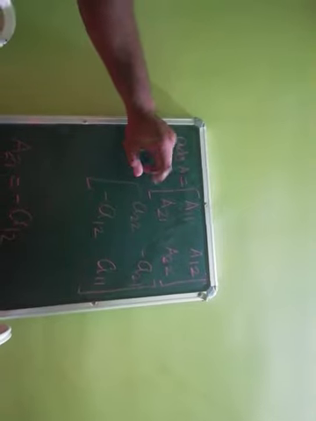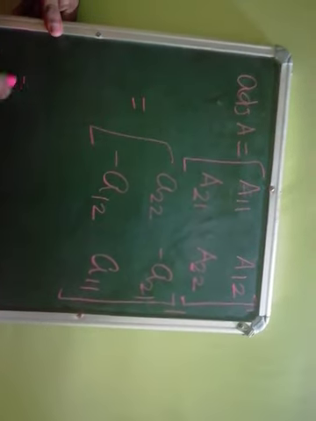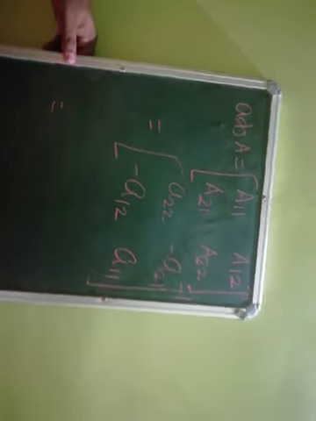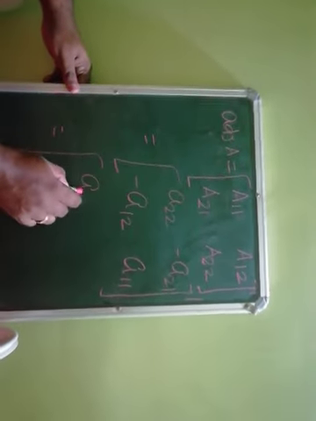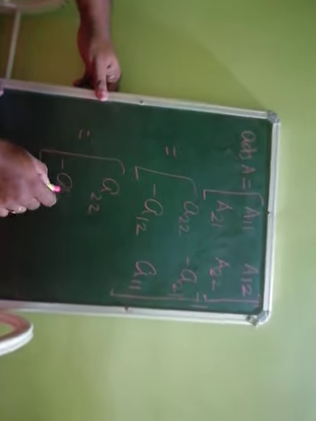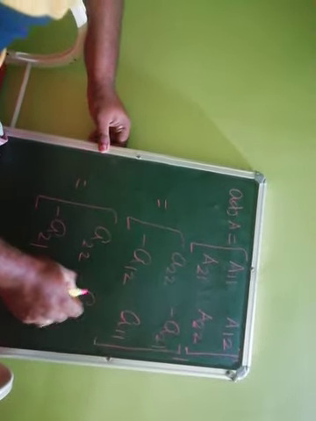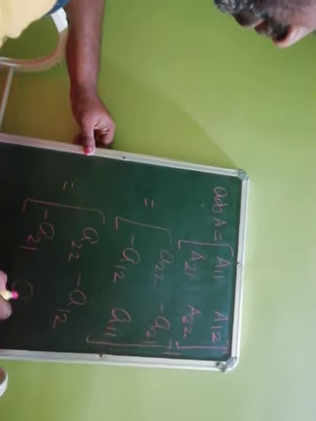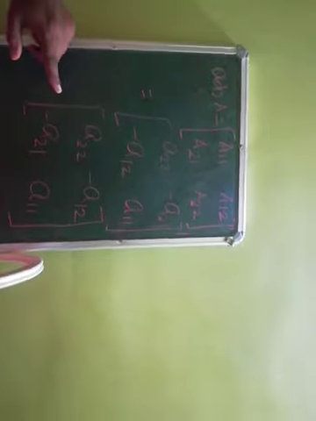You can remember how to write the transpose: we interchange the rows and columns. So that will be A22, minus A21, then minus A12, A11. So this is the adjoint of A.